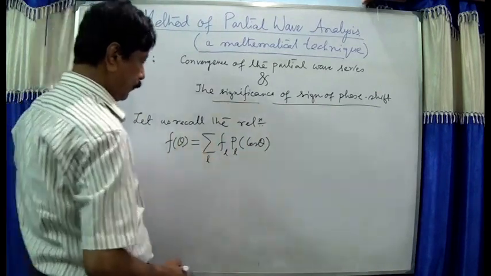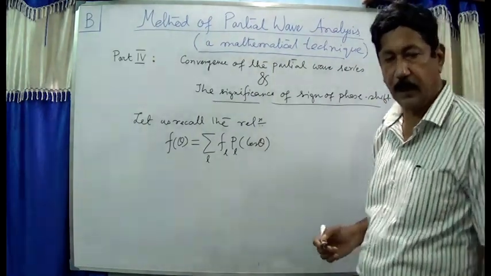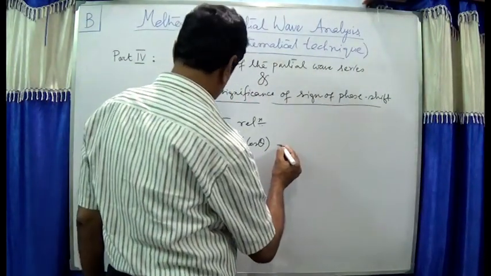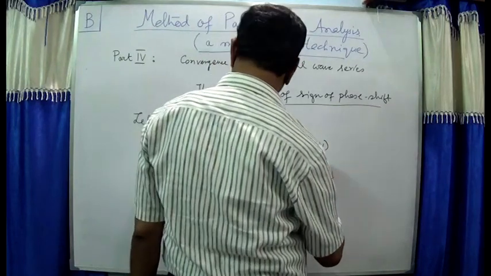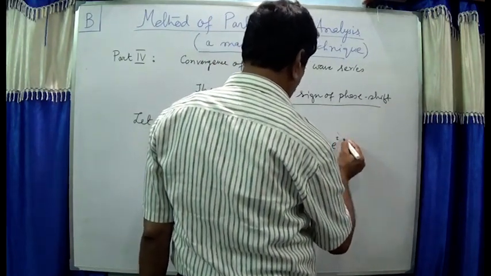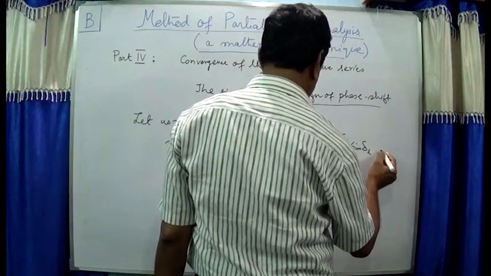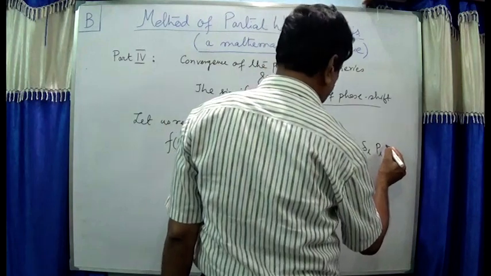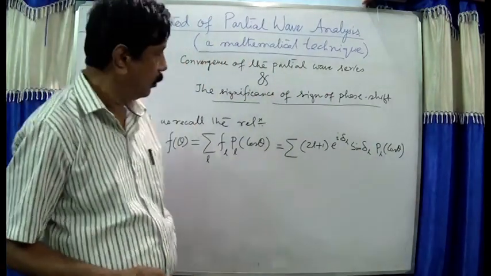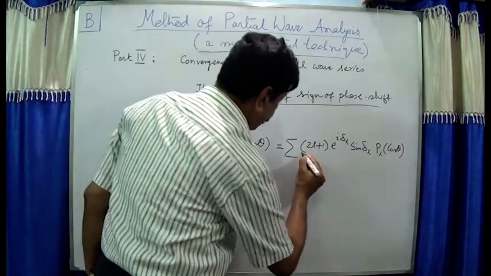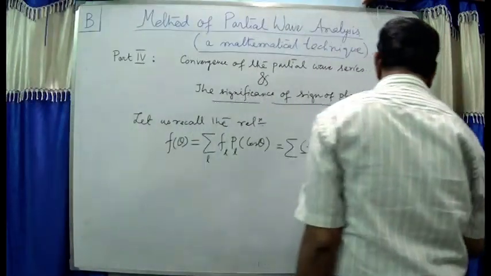And this f_L P_L cos theta can also be written as (2L+1) e^(i delta_L) sin delta_L P_L cos theta, and there is also k in the denominator.